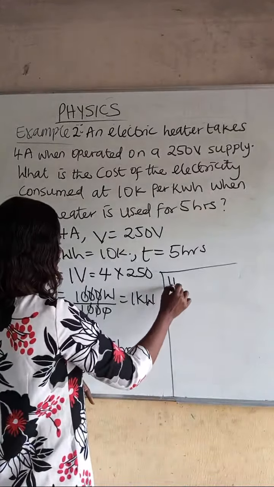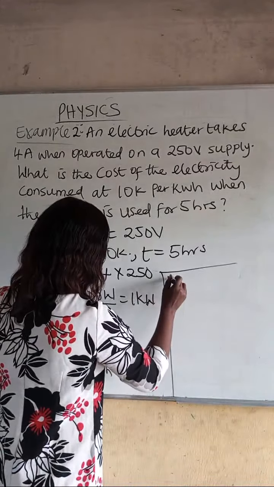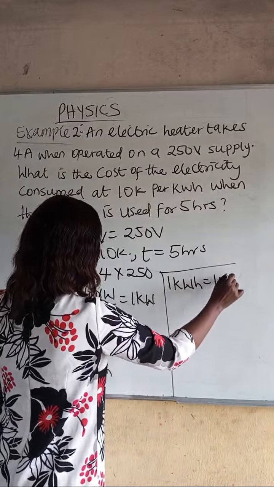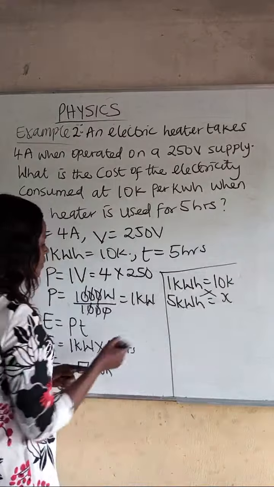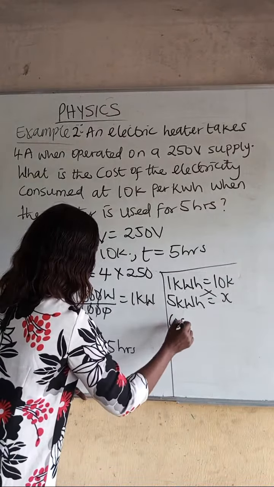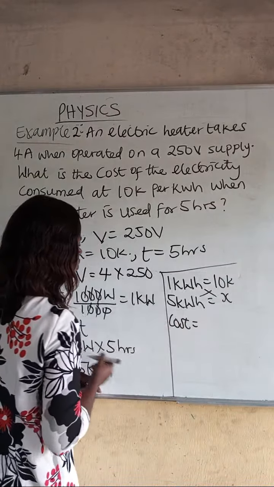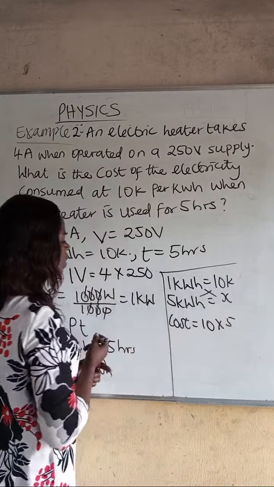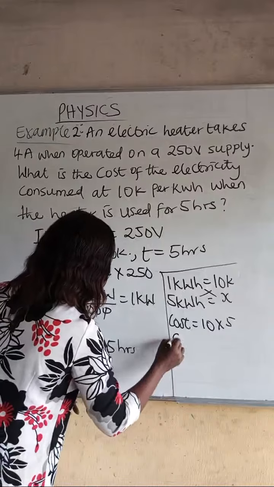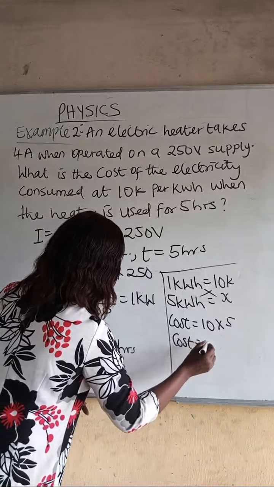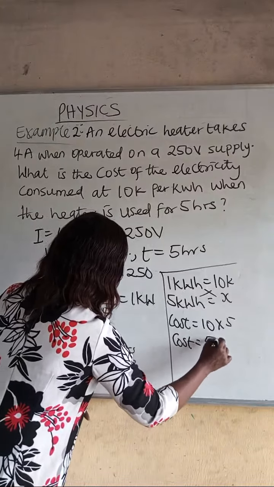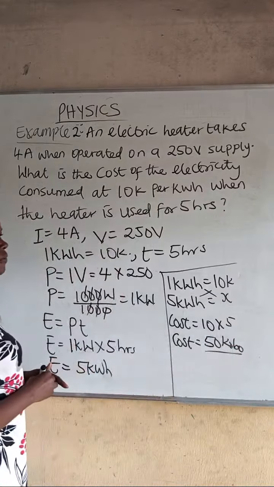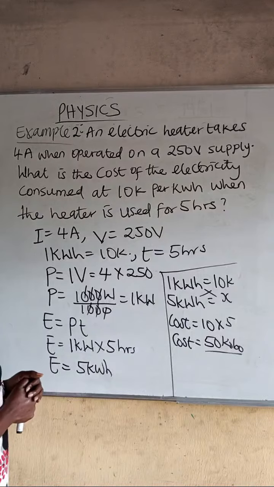So if 1 kilowatt hour is equal to 10 kobo, the cost is equal to 10 times 5, and the cost is going to give me 50 kobo. Is that okay?